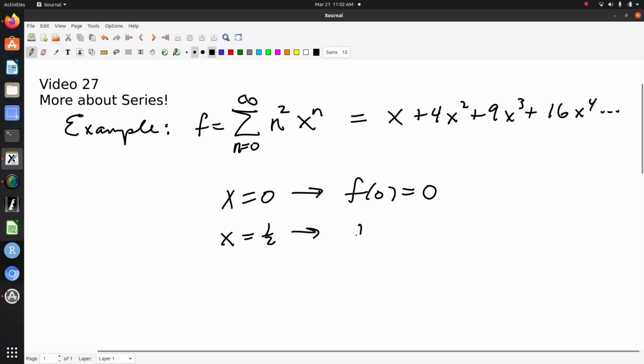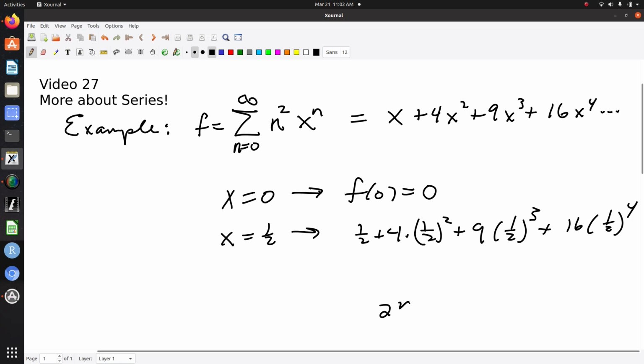Well, then you're going to get 1/2 plus 4 times 1/2 squared plus 9 times 1/2 cubed plus 16 times 1/2 to the 4th. And the question is, does this 2 to the n in the bottom compare to n squared that's happening on the top, right? So it actually is okay because 2 to the n is much faster than n squared.